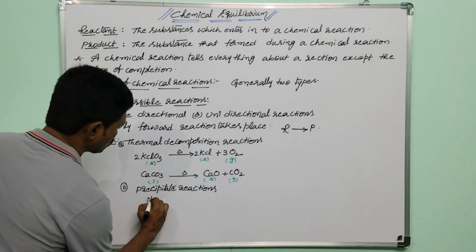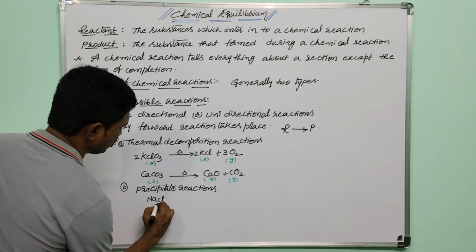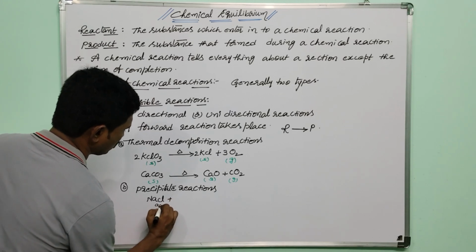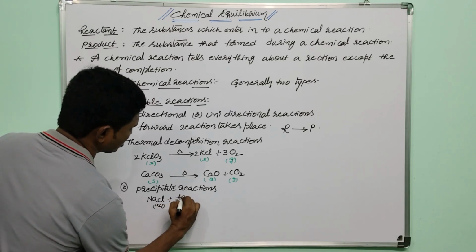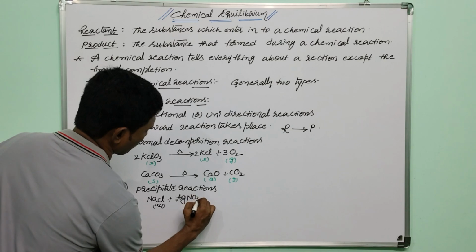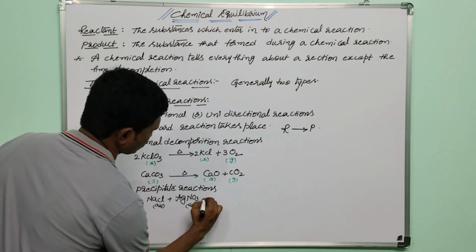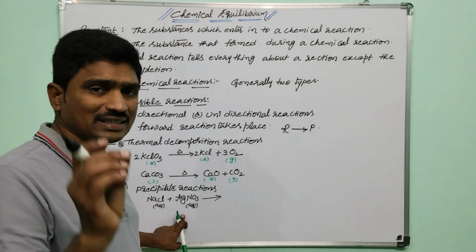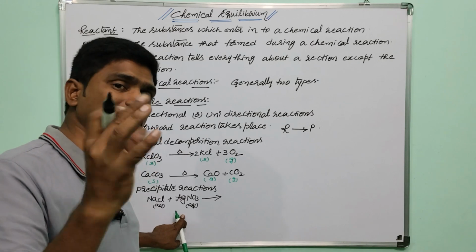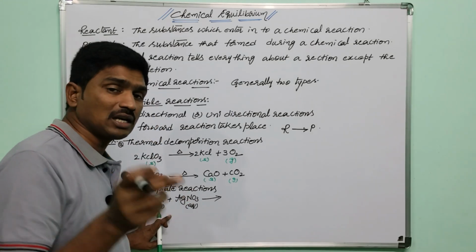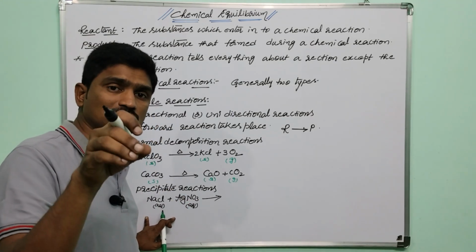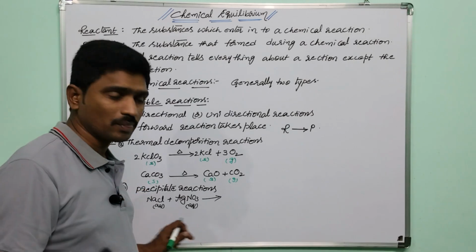Precipitation reaction. Sodium chloride, an aqueous solution. To this, silver nitrate solution is added, an aqueous solution. Silver nitrate crystals dissolve in water, we get silver nitrate solution. Similarly, sodium chloride crystals dissolve in water, we get sodium chloride solution.